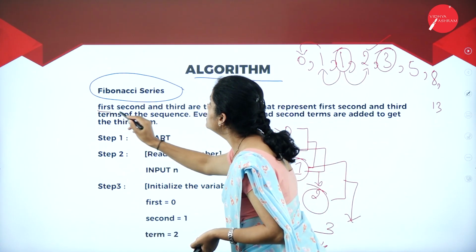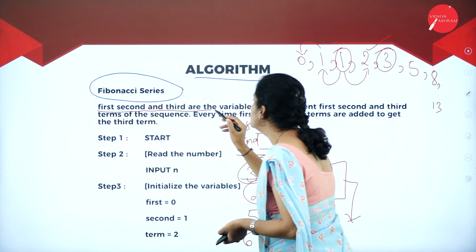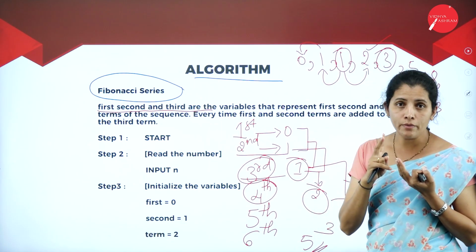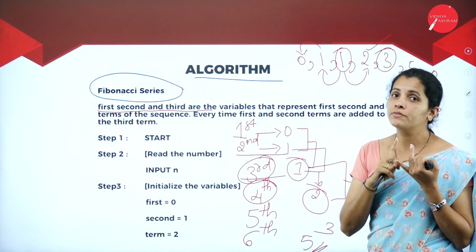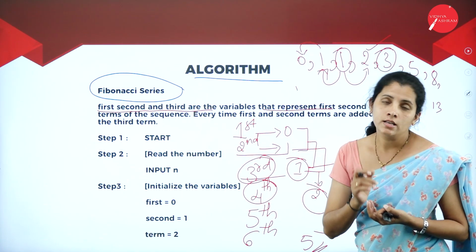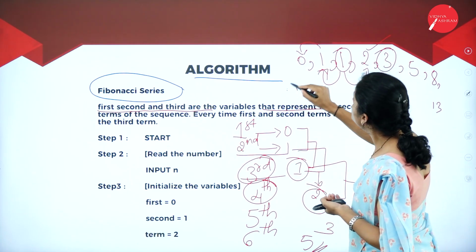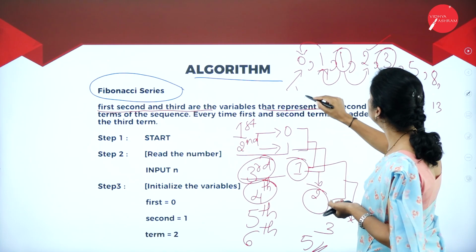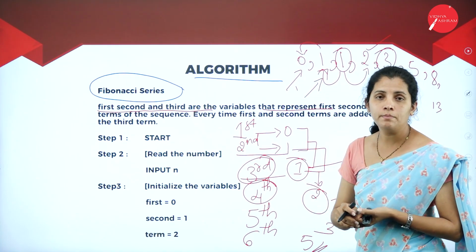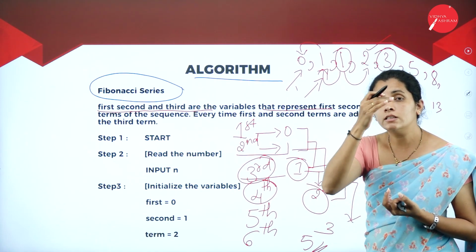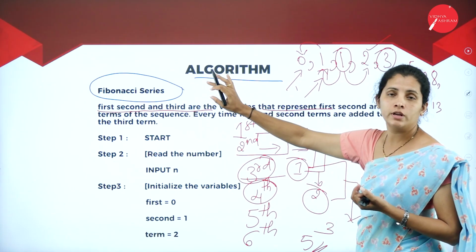So first, second and third are the variables. That means how many variables am I going to use here? That is first, second and third. Here the first term is used to represent the first number, the second term represents the second number, and the third term represents the next number of the Fibonacci series.